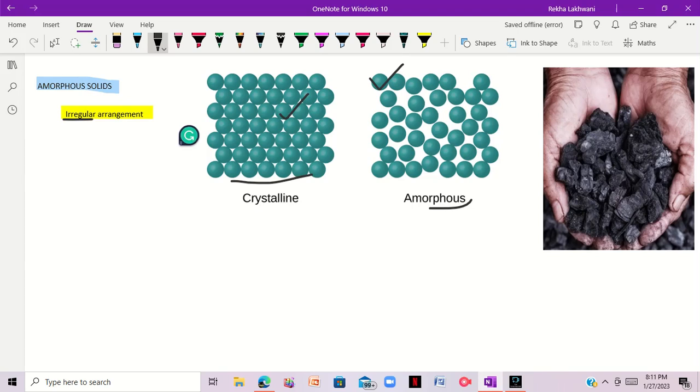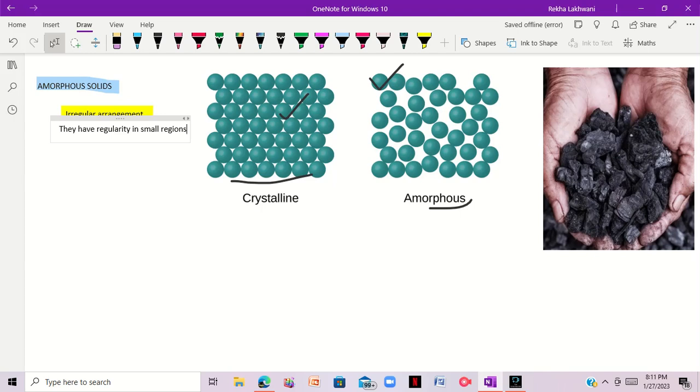They don't have regularity over a very long range; they have regularity in a small range. What does that mean? Let me write it. They have regularity in small regions. They don't have regularity over long orders.